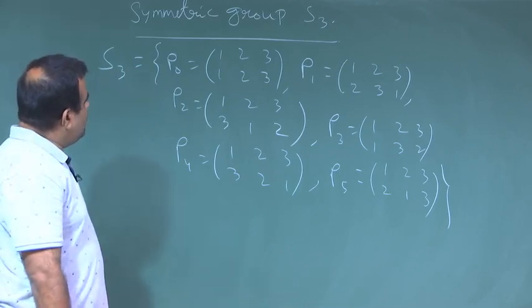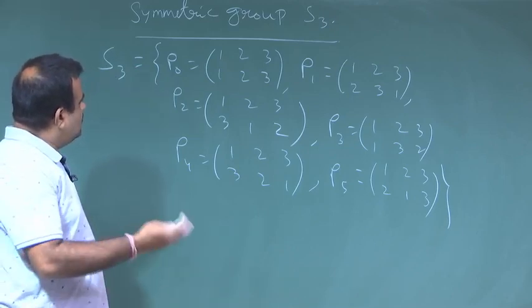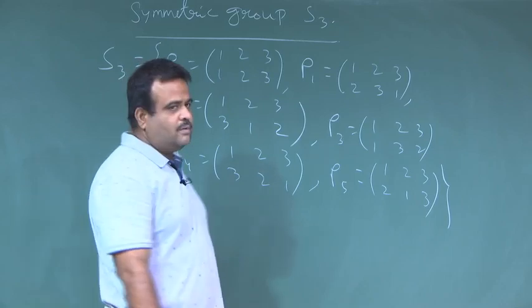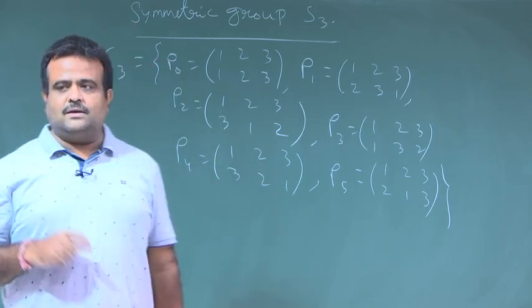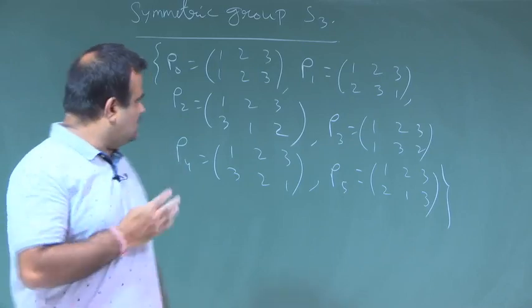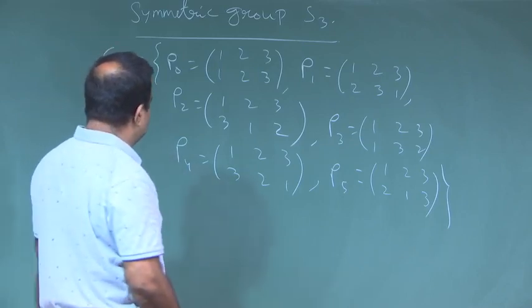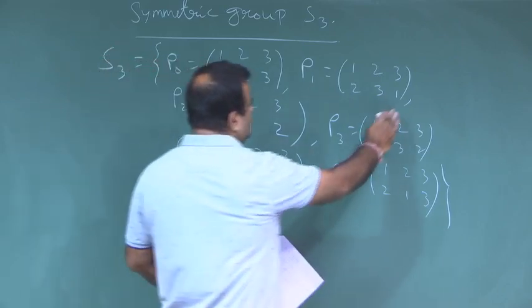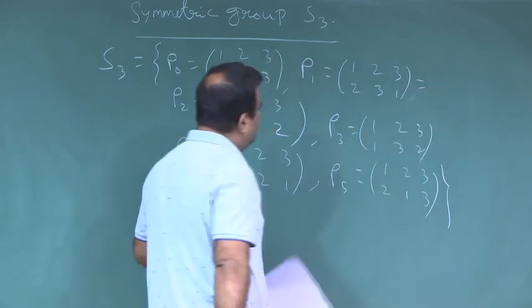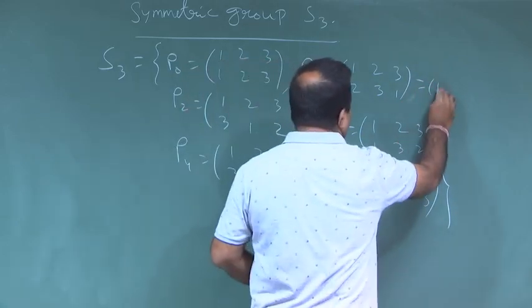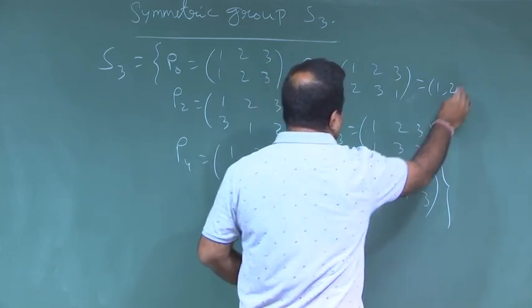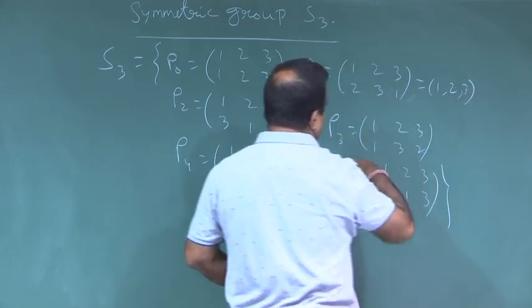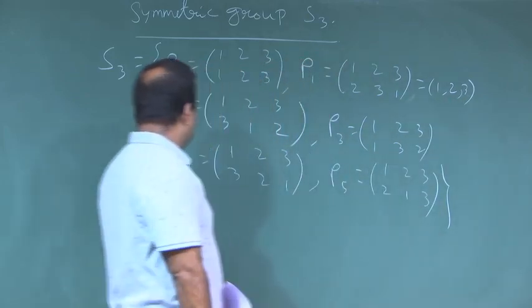Okay. Now, if we write this as a cycle, we know that every permutation can be written as a product of transpositions, like cycles of order 2. First, let us try to write this as a cycle. So, 1 is going to 2 and 2 is going to 3 and again 3 is going to 1. So, this is a cycle of order 3.